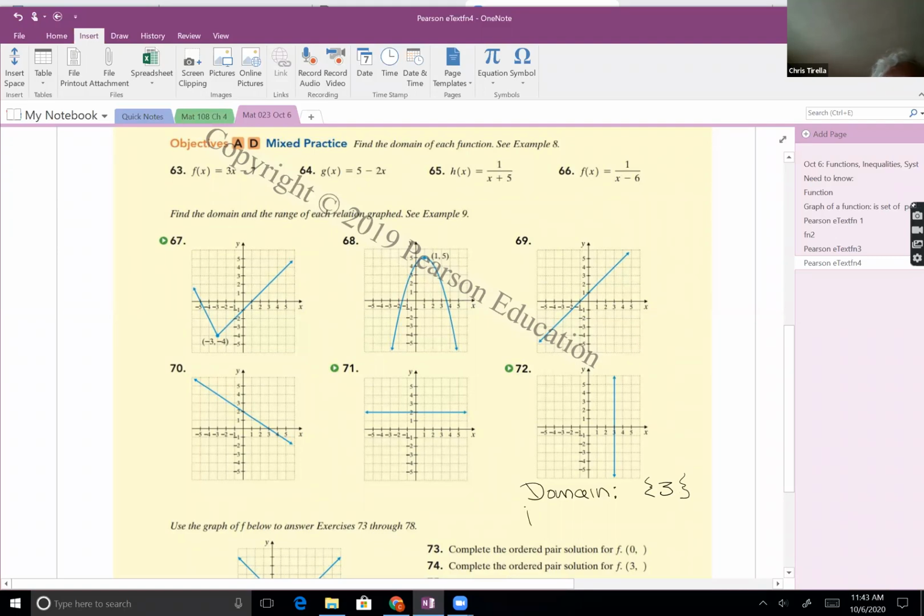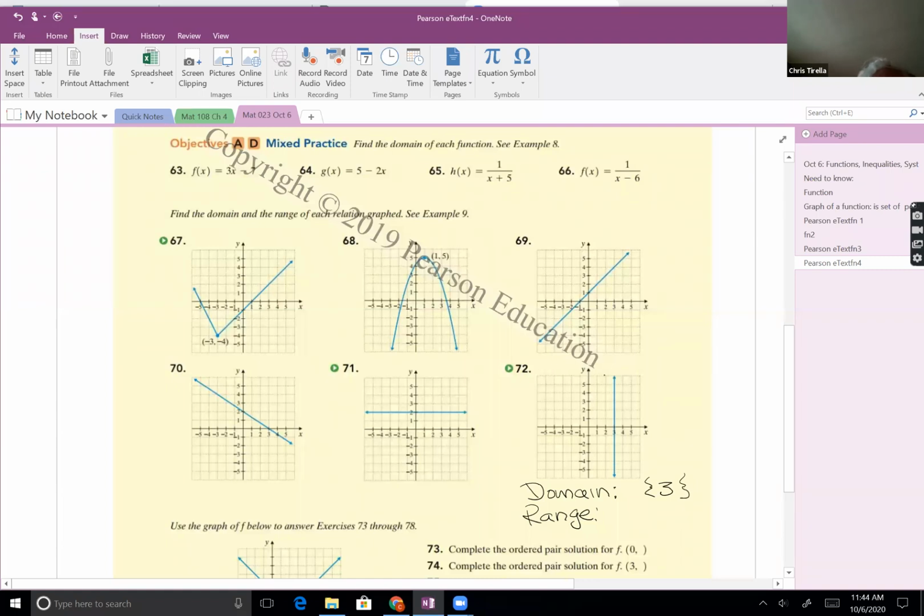But now if I look for the range, the range of the y values, as I compare that blue line to the y-axis, is there a smallest point on that? Well, because of the arrowheads, it keeps going. There's no lowest point, it keeps going down.